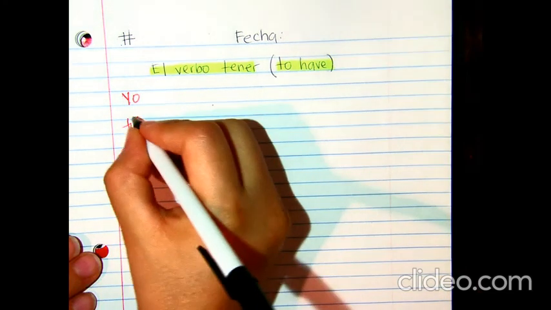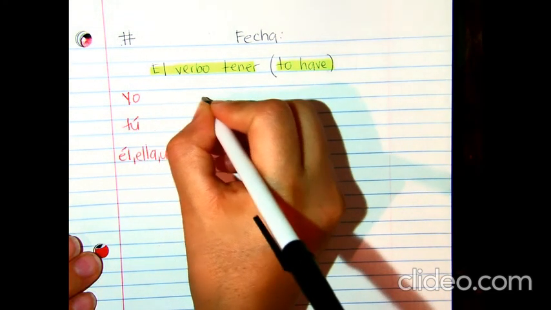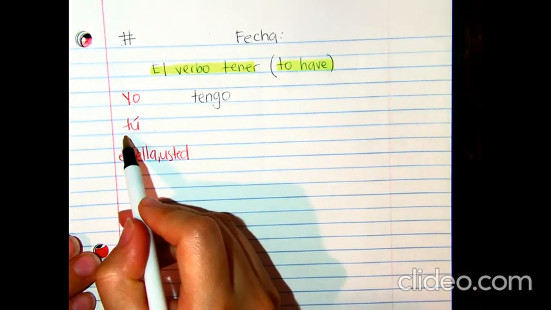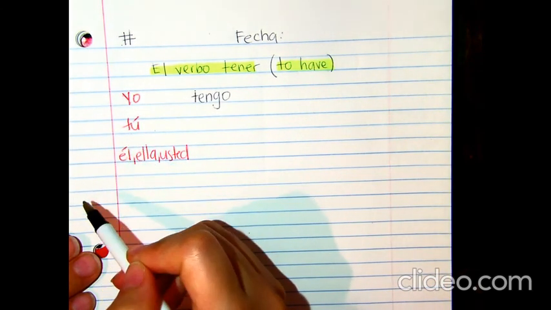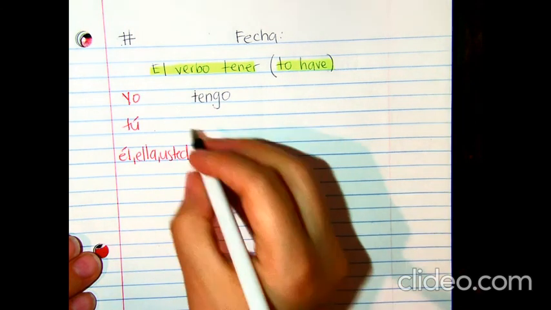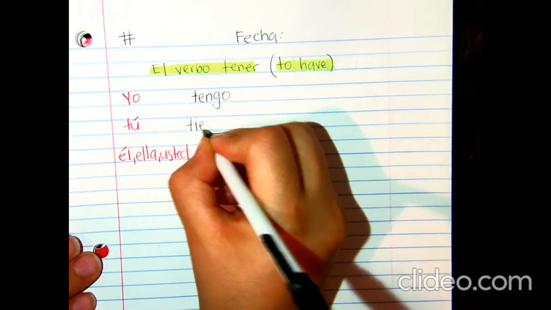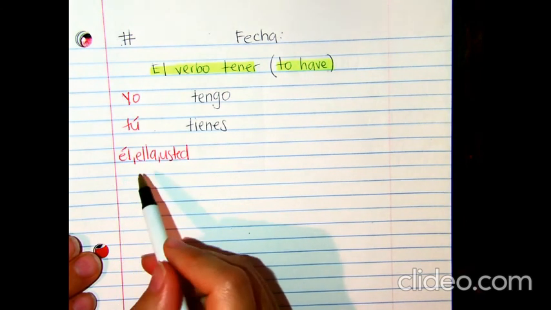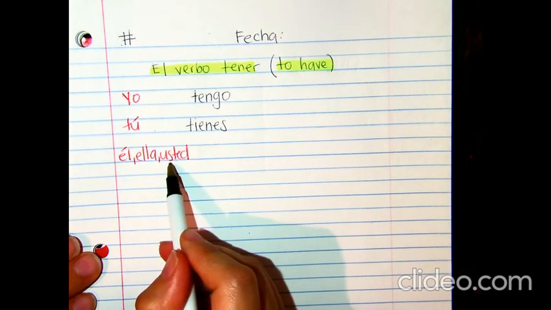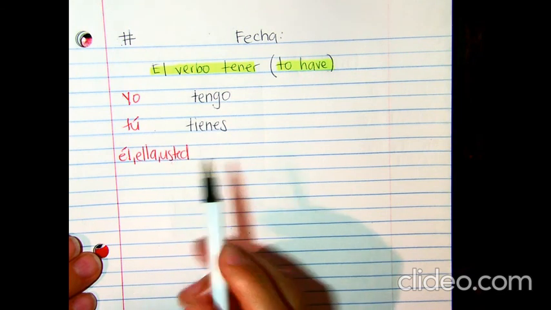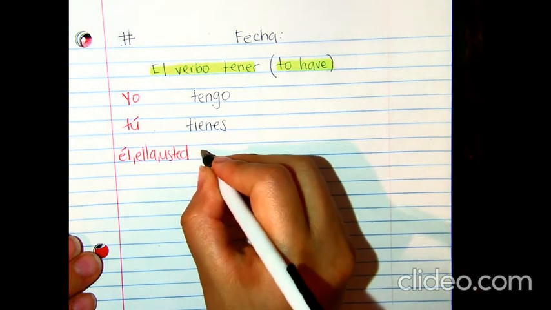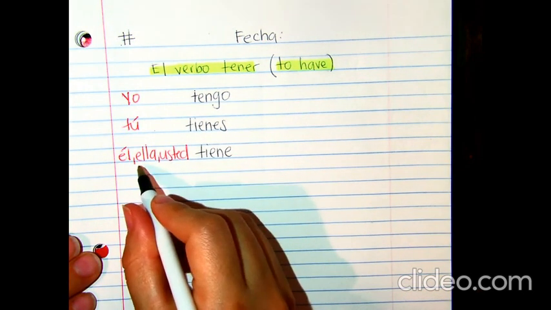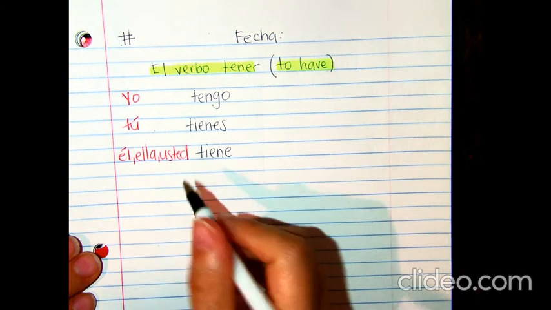Right? And remember, this is like the singular side. To say I have, it will be yo tengo. To say you, singular, you say tú tienes. If you want to say he has, she has, or you, formal, have, say tiene: él tiene, ella tiene, usted tiene.